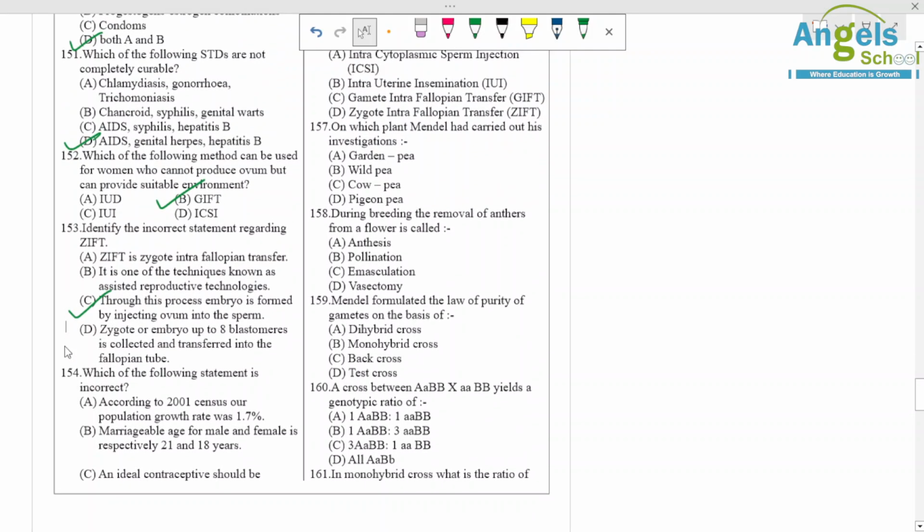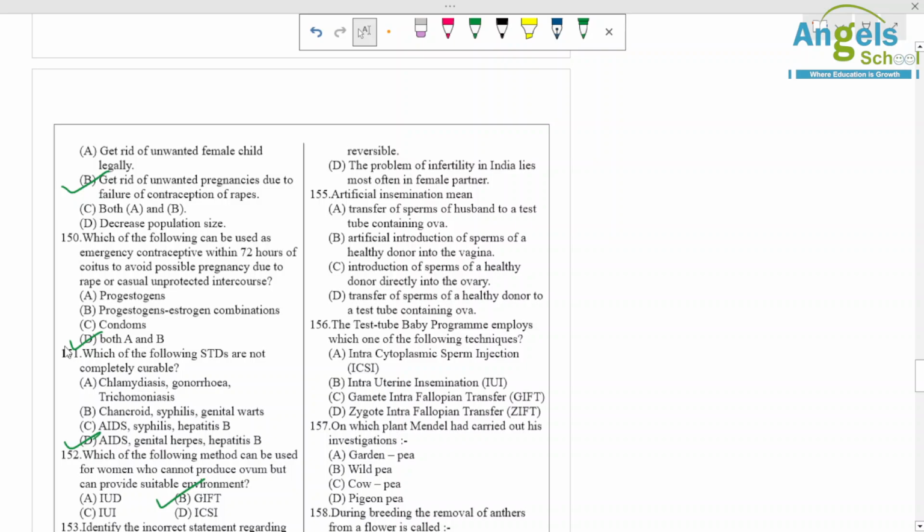An ideal contraceptive should be reversible. This is also right. The problem of infertility in India lies often in the female partner. This is wrong; the problem can be in both male and female. Artificial insemination means artificial introduction of sperm of a healthy donor into the female vagina. So option B is correct.